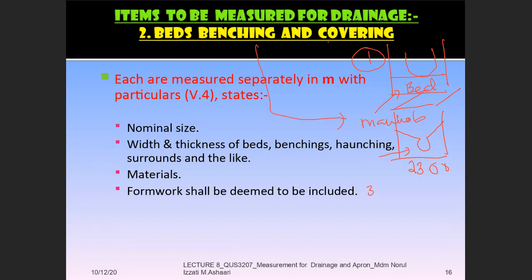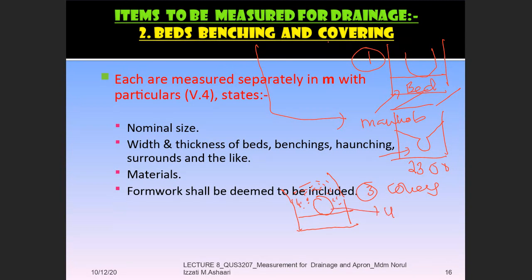And then number 3, covering. So covering is, okay, for example, let's say this is your drainage, maybe your underground drainage system. Normally the covering is to cover the area or the side of your underground drainage.